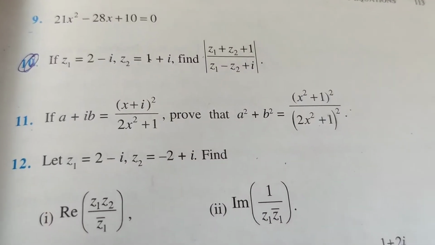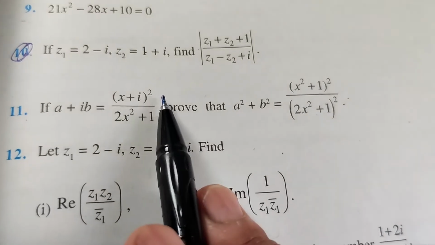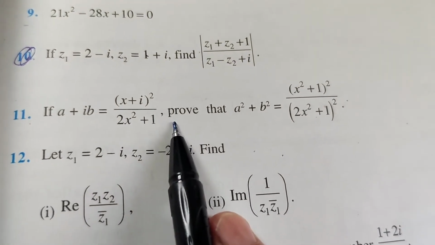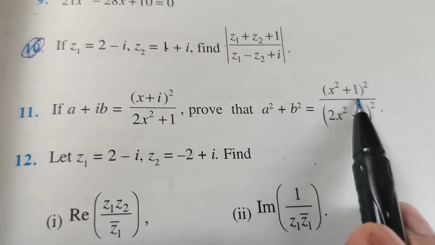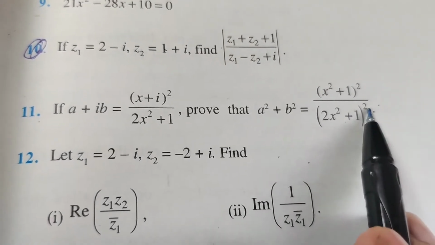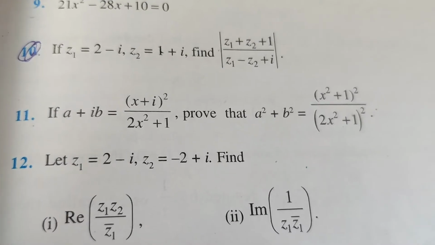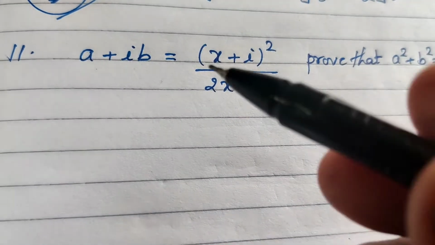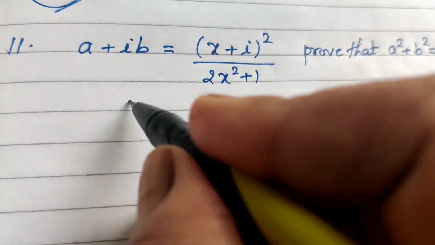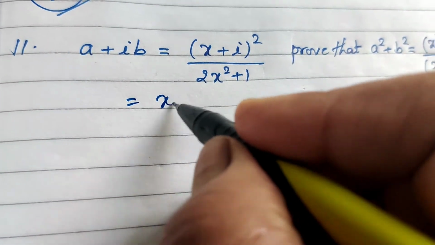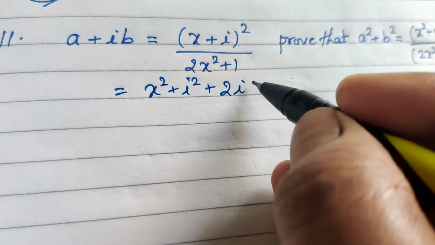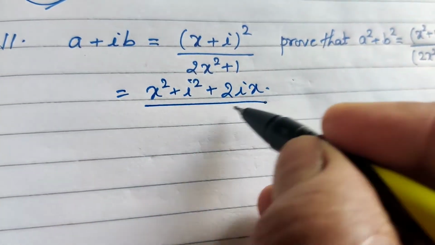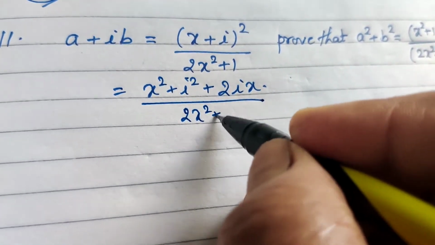Question number 11. If a plus ib is equal to x plus i whole square upon 2x square plus 1, prove that a square plus b square equal to x square plus 1 whole square upon 2x square plus 1 whole square. a plus ib is this. Now solve: x square plus i square plus 2xi, divided by 2x square plus 1.